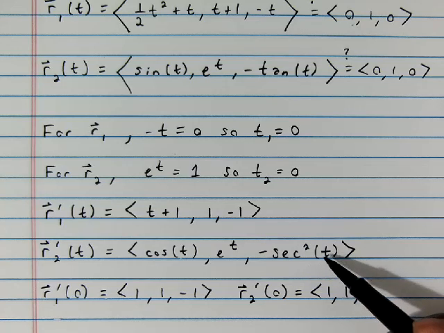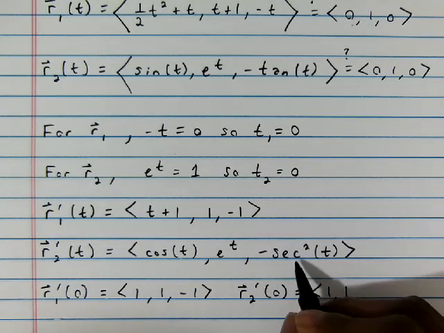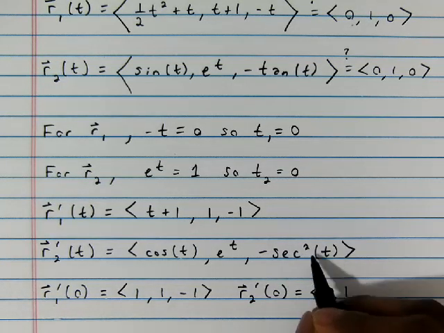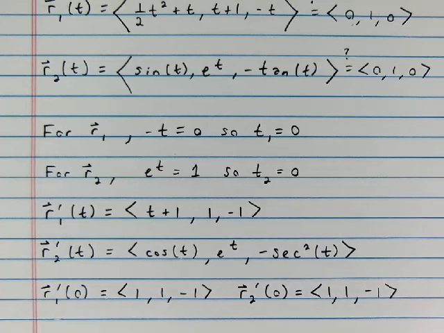So remember, secant is 1 over cosine, and cosine of 0 is 1, so we just get negative 1 because this is the negative of 1 over cosine squared. So it's just going to give us negative 1, and these two vectors are clearly parallel to one another, which is what they were asking us to show.